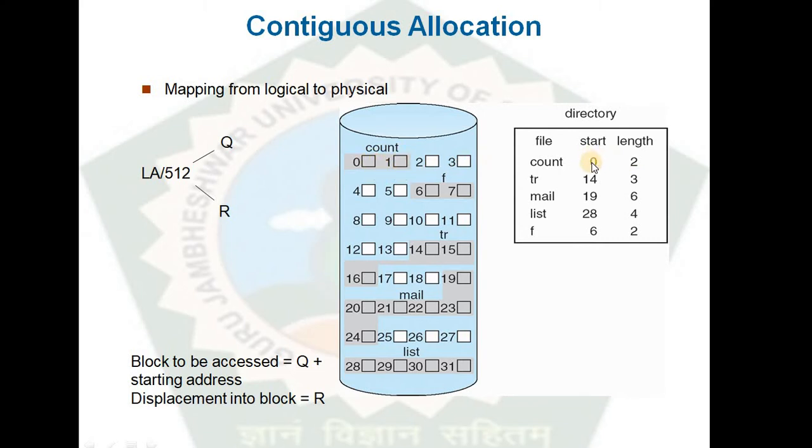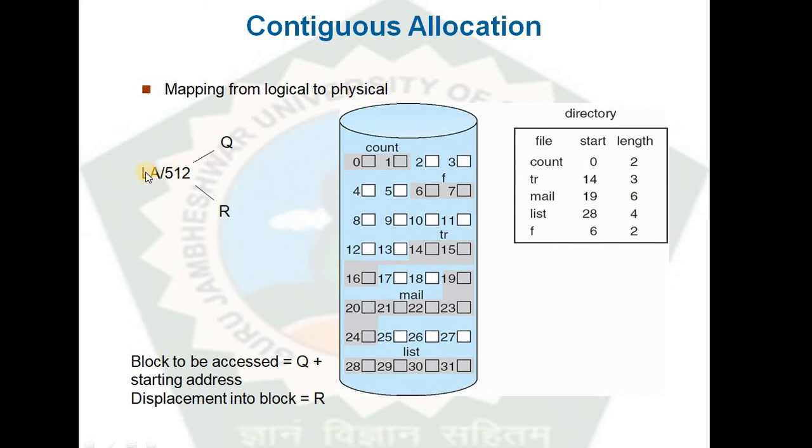Like this, it starts from 0 and goes to a length of 2 blocks. Again TR starts from the 14th block and goes to a length of 3 blocks. Like mail starts from 19 and goes to a length of 6.